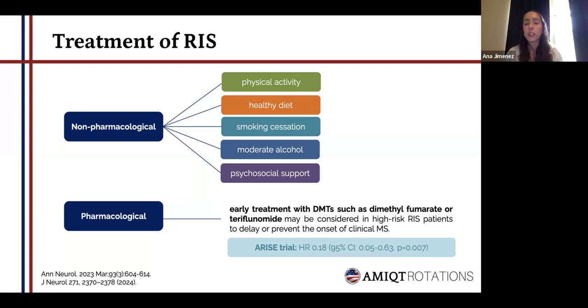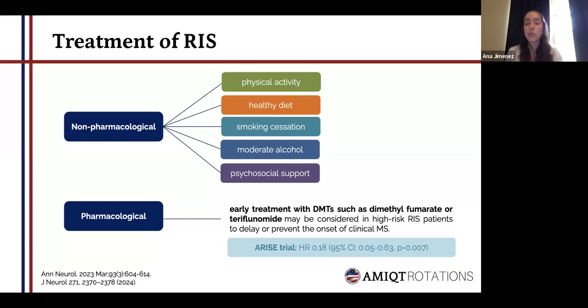The ARISE trial specifically evaluated dimethyl fumarate in patients with RIS and compared it with placebo over a period of 96 weeks, and it was shown that it delayed the onset of clinical MS with a hazard ratio of 0.18.